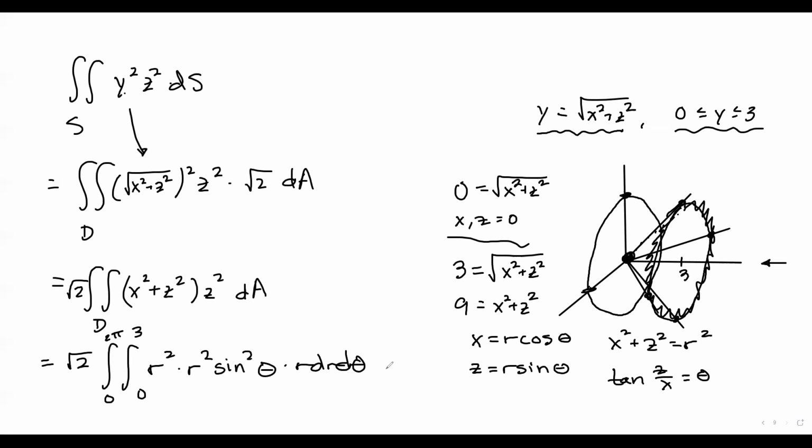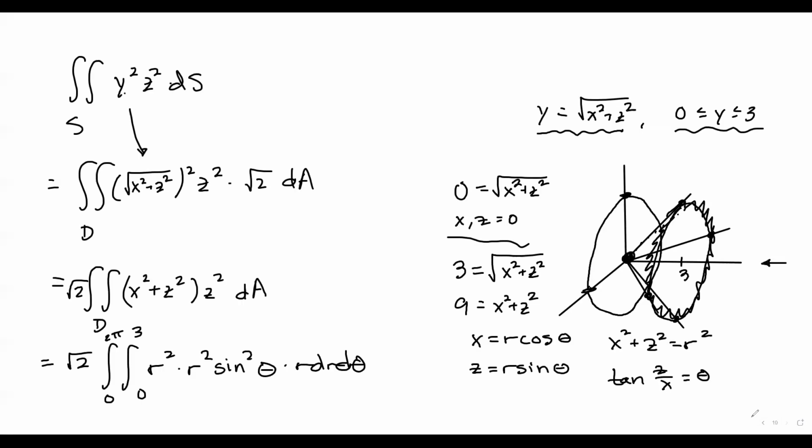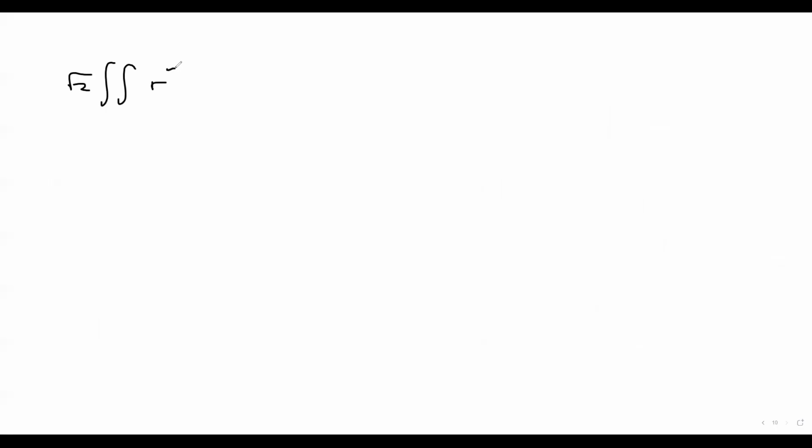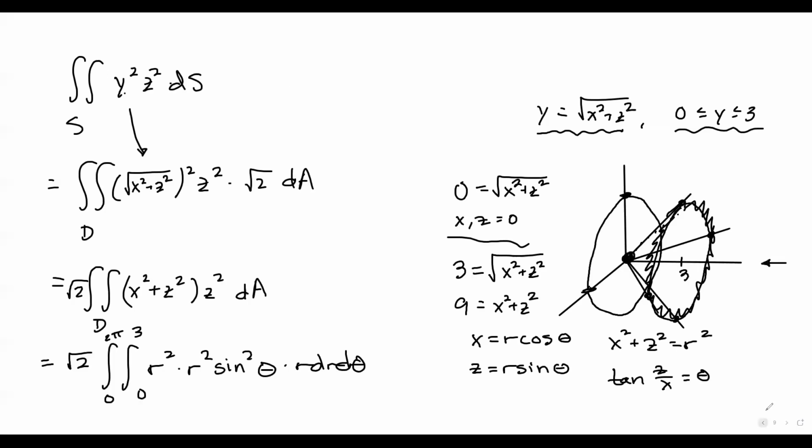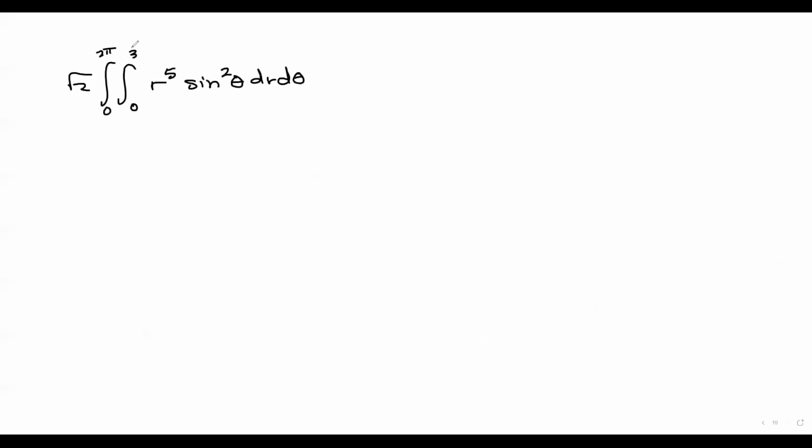Okay, so next we want to evaluate this. So let's go to the next page. We're going to have square root of 2, double integral, we've got r to the 5th sine squared theta dr d theta, 0 to 3, 0 to 2 pi. I think we got everything here. So first we'll integrate with respect to r.